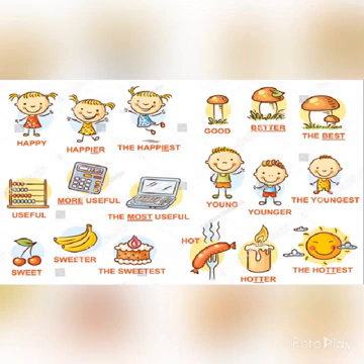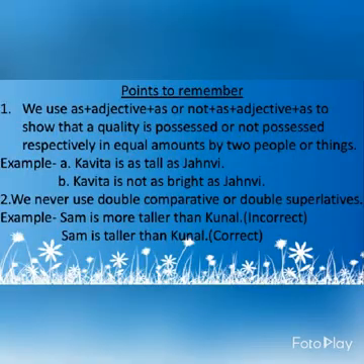Now moving on to the next thing. The points to remember. Always remember that we use as, adjective, as, or not as, adjective, as, to show that a quality is possessed or not possessed respectively in equal amounts by two people or things.